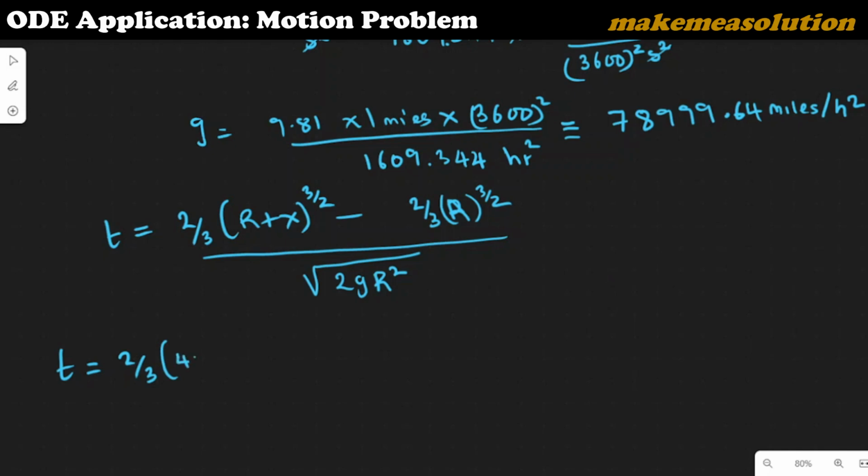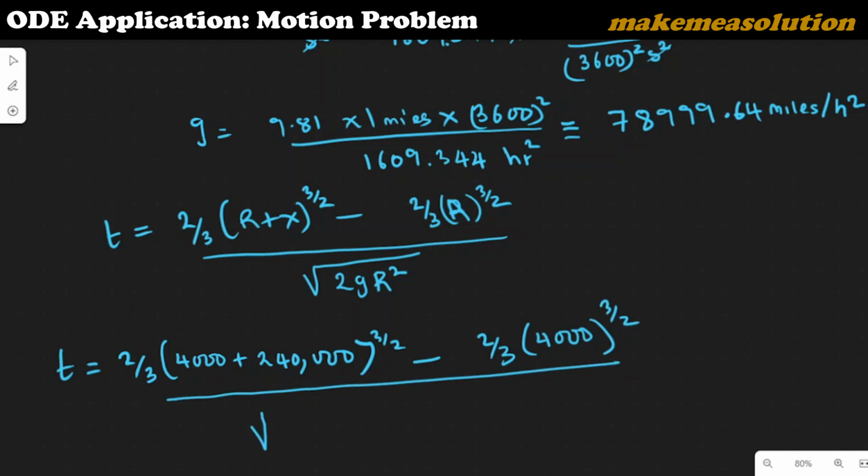If we substitute all these values given to us, we have 2 over 3, with r being 4,000 and x being 240,000, raised to the power of 3 over 2, minus 2 over 3 times r, still 4,000, raised to the power of 3 over 2, all over the square root of 2 times g, which is 78999.64, times r squared, which is 4000 squared.